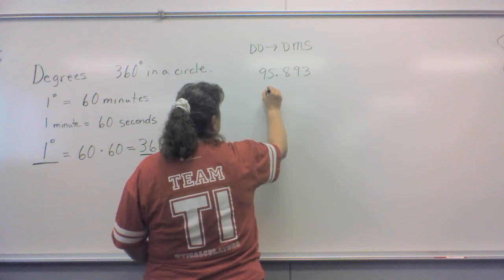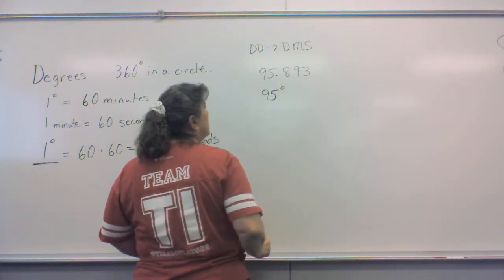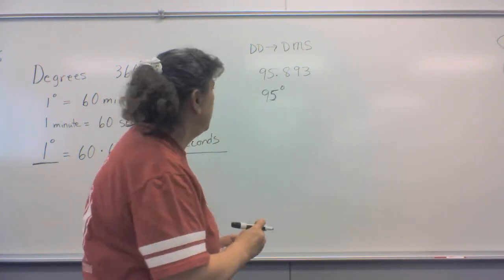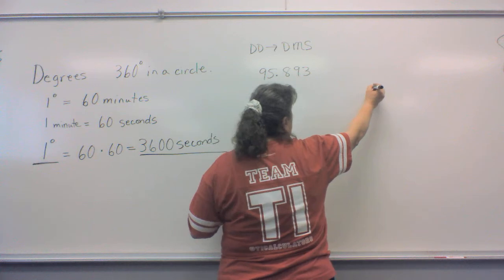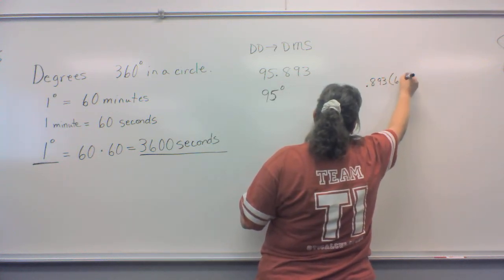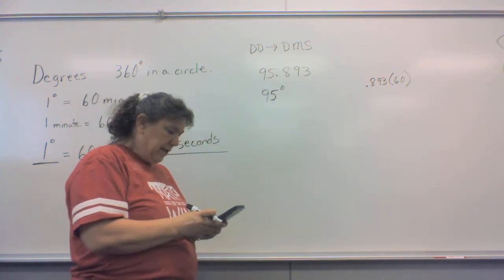So 95 degrees. That one doesn't change. Now let's look at 0.893 because we're going to go to minutes first. So 0.893 times 60 will give us how many minutes we're going to have.